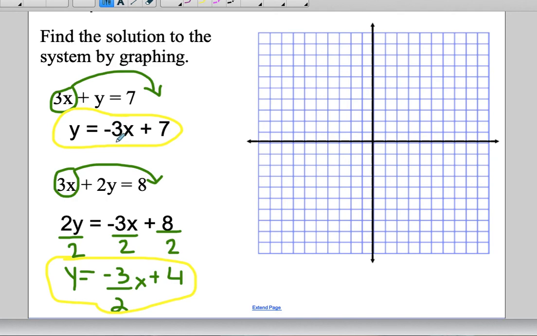So the vertical will be down for here. If we plot our first point at 7, so y is 7, that's our y-intercept, 3, 7, and we know we're going down 3 because our rise is negative, 1, 2, 3, and we assume our denominator is 1, and we are going to plot our point right there.